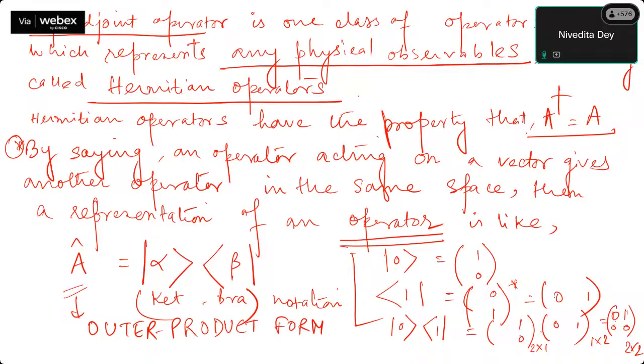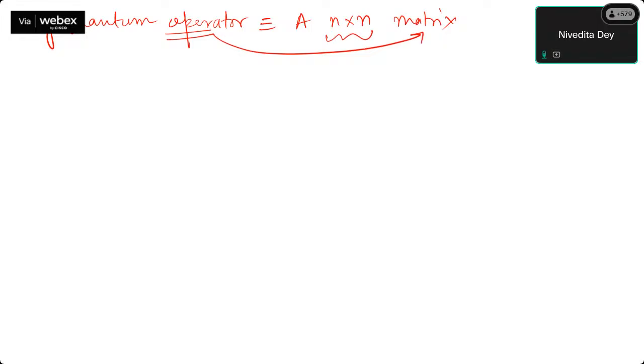So by now you know at least one thing: a quantum operator is nothing but an n cross n matrix. This is the definition of a quantum operator.